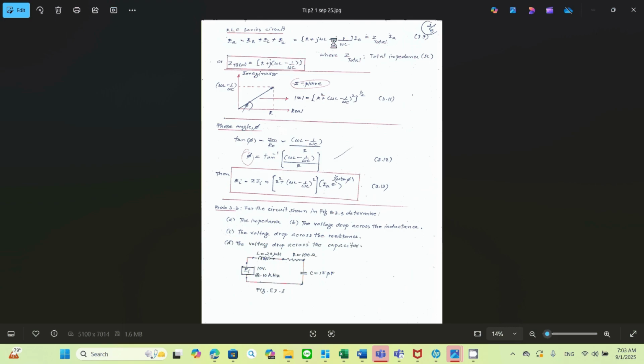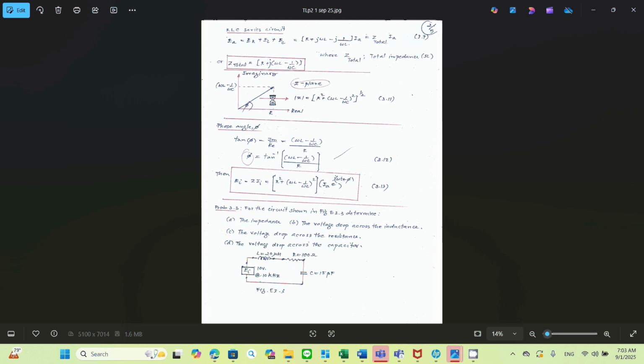That gives you the phase of the signal. This also agrees with Ohm's law, E equal to I times Z, where Z is the impedance. So your total impedance is equal to R plus j omega L minus j 1 over omega C.